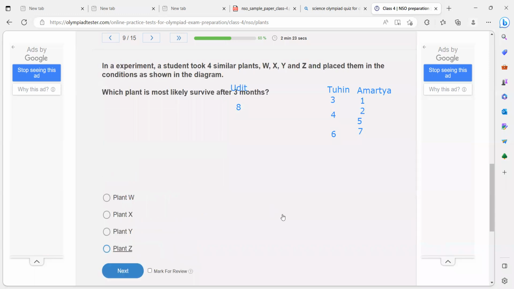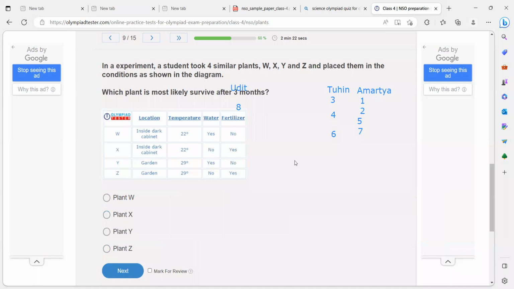Okay, Shivam, tell me this one. In an experiment, a student took four similar plants, W, X, Y, Z, and placed them in the conditions as shown in the diagram. Which plant will mostly survive after 3 months?